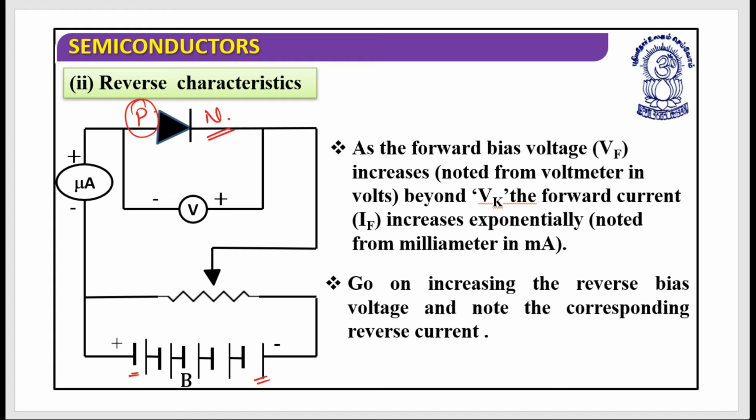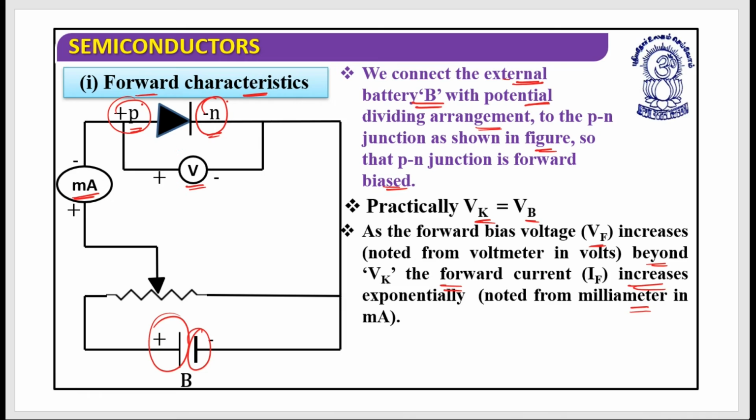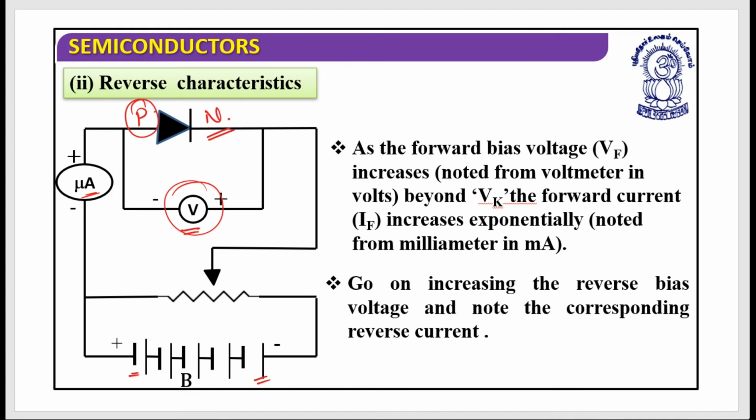To note the voltage across the diode, we have this voltmeter, and to measure the current we have the ammeter. As you have observed, in the forward bias characteristic we have milliamperes, and in reverse bias the current would be very small. That's why we have used a microammeter.